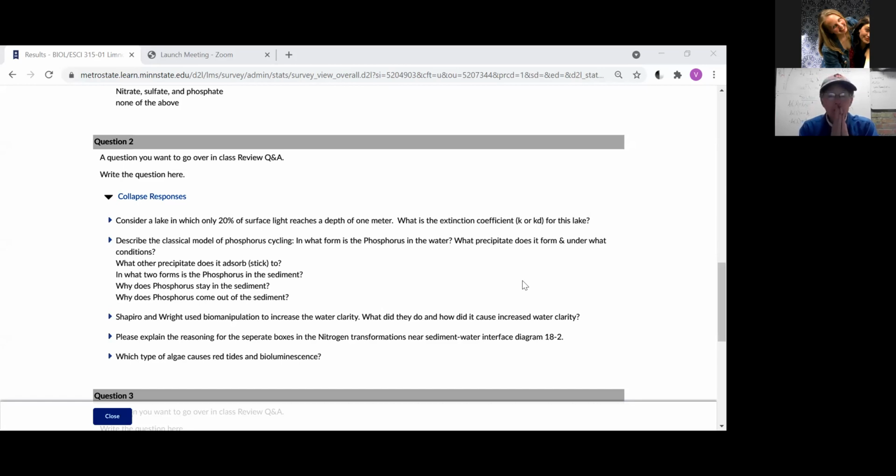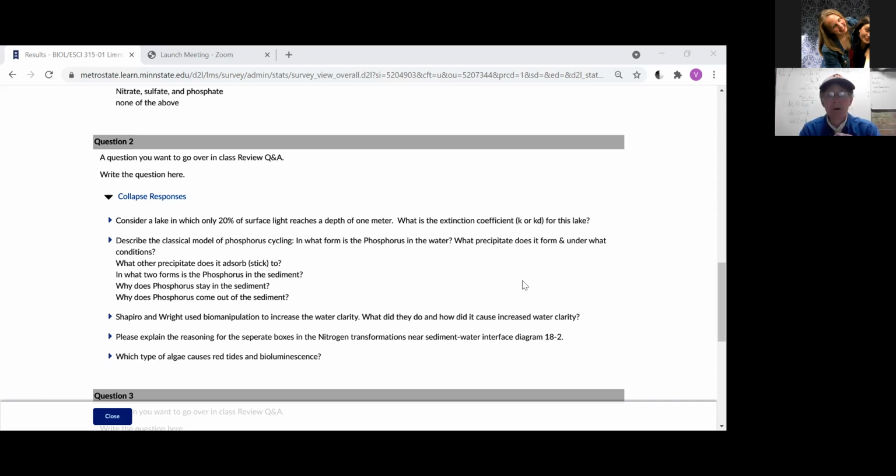Well, now that we have talked about iron, I think the answer to this is pretty simple. Well, sort of. In the classical model of phosphorus cycling, it's all about chemistry. So no microbes, right? It's just chemistry.